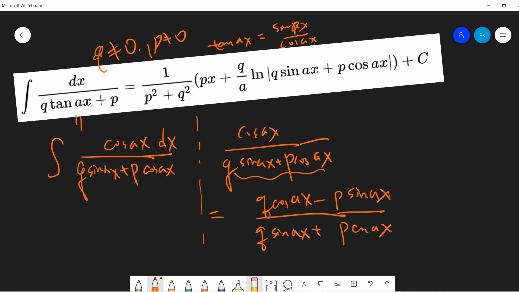Because this is a derivative, there's an a here and plus something. You try to write it, but there may be some coefficient here. So let's say this coefficient is alpha and this is beta.